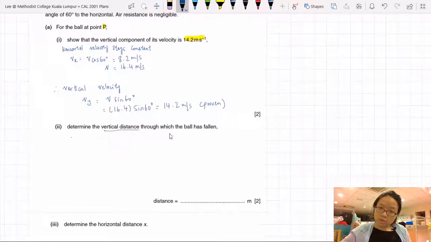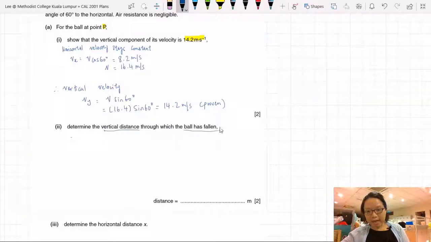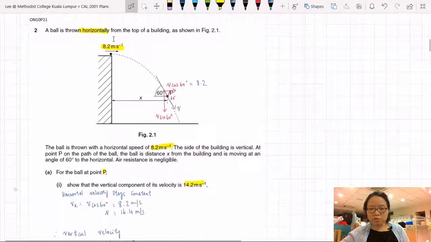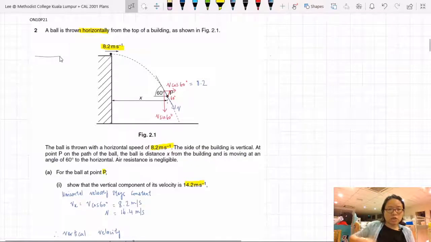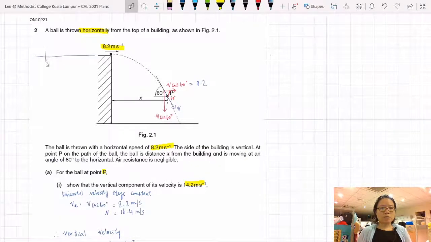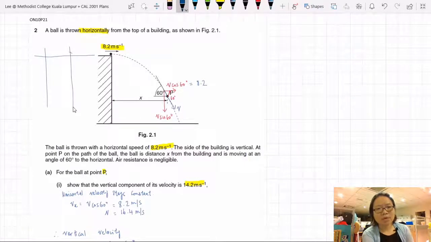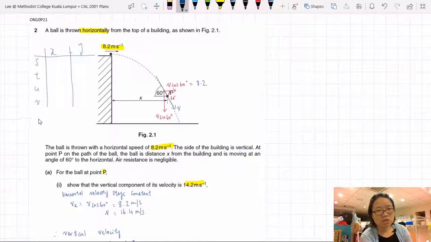You can choose not to do this if you are already very adept and used to doing this in your head. You'll get there. Most of my students eventually get there with enough practice. But generally when I teach, I do show it because it helps people organize their ideas. So we have the horizontal X and the vertical Y. I'm going to STUVA this.